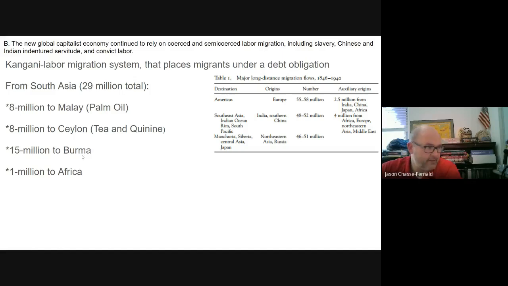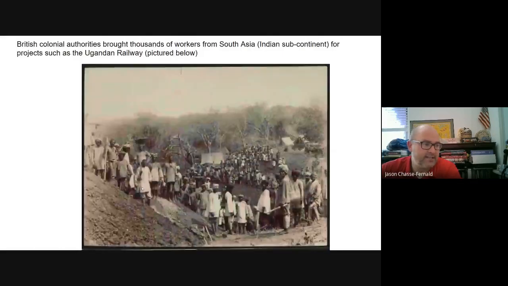Rice paddies, rice fields. And about 1 million South Asians are going to move to Africa. A lot are going to go to South Africa to work in the gold mines there. Some are going to go to places like Uganda to work on infrastructure projects, as you see in this image here, South Asians working on the Ugandan railway project.